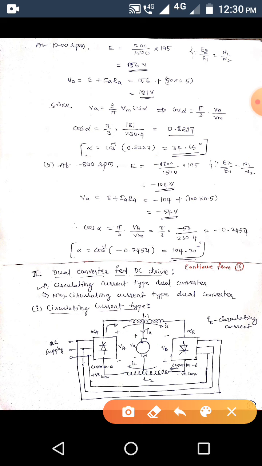Converter A is in the forward direction and converter B is in the reverse direction, so the current flows in the reverse direction.